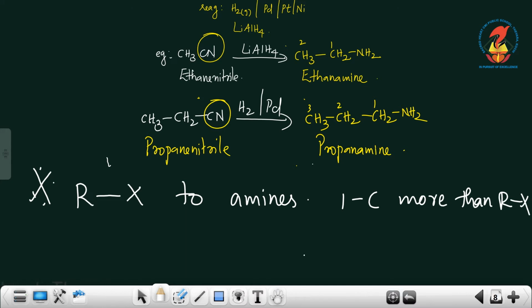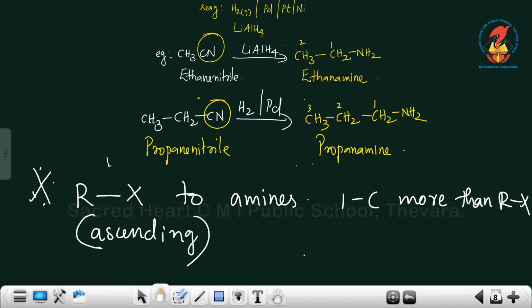So by using this cyanide group reduction method, we can convert alkyl halides to primary amines with one carbon more than the alkyl halides, and we know that such series of reactions are known as ascending series.